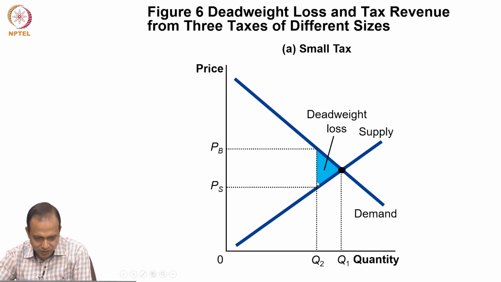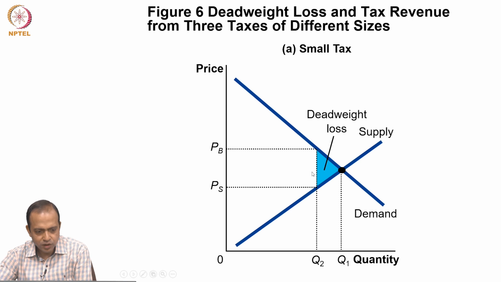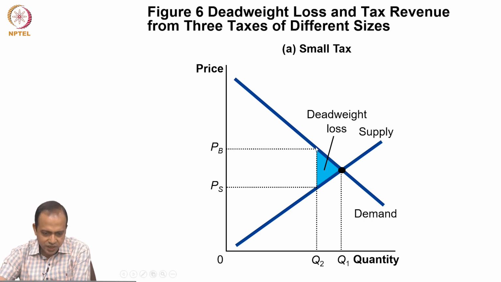The difference between this. So, tax is small, deadweight loss is also small in this area, and this is the tax revenue, this triangle. If you make the size of the tax double, let us say earlier it was 5%, now it is 10%. So, the size of this tax becomes double, let us say this much.